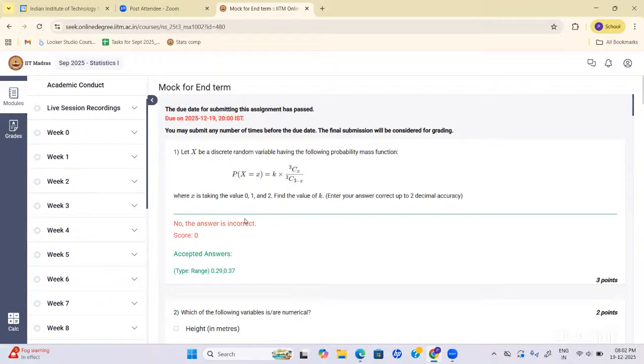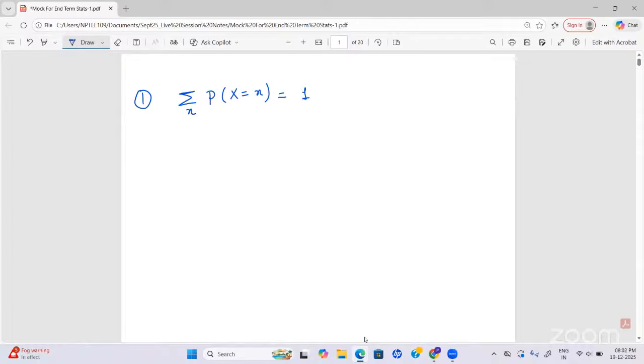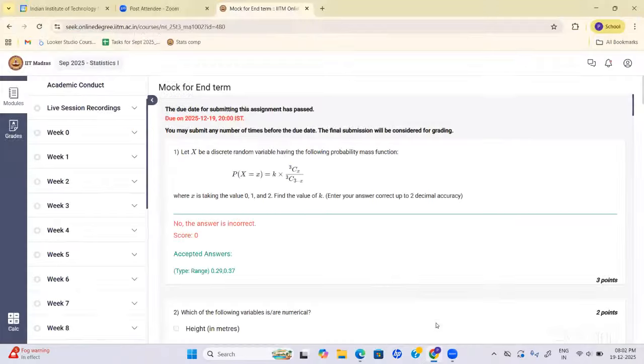Yes, so we have to use the property of PMF, that the summation of the probabilities for all the values taken by x should be equal to 1. Here x is taking the values 0, 1, and 2, and the function is k times 3cx divided by 3c(3 minus x).